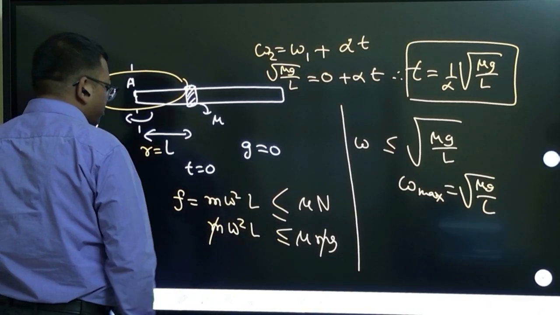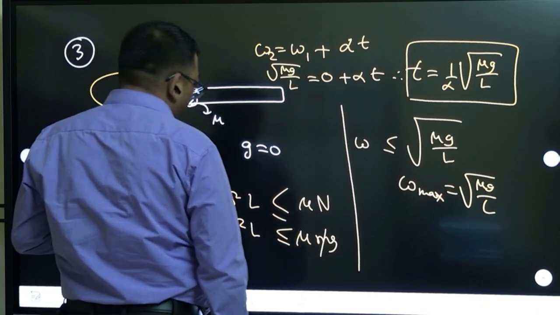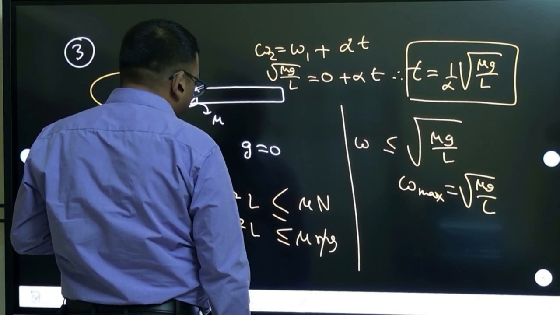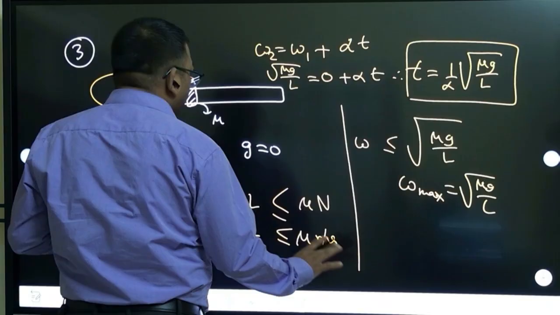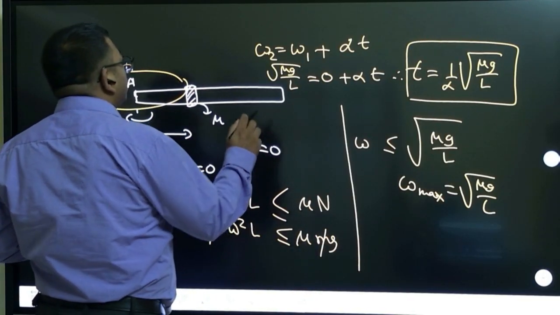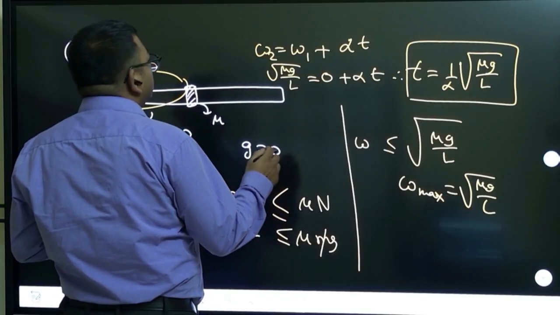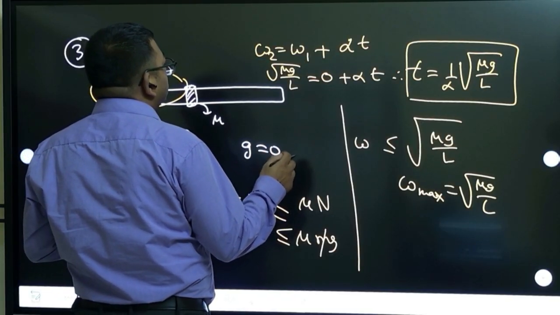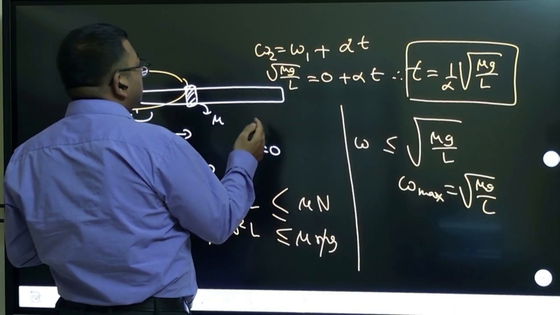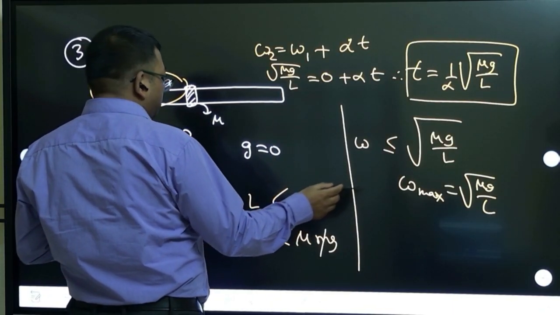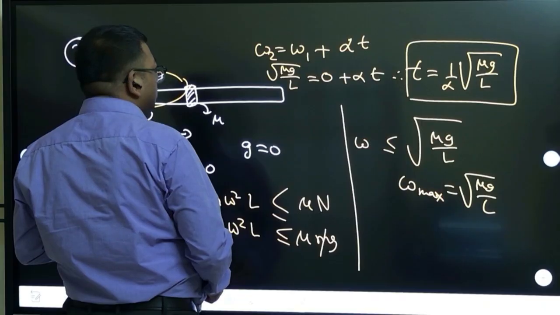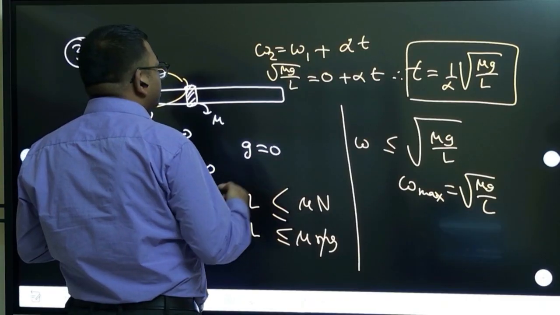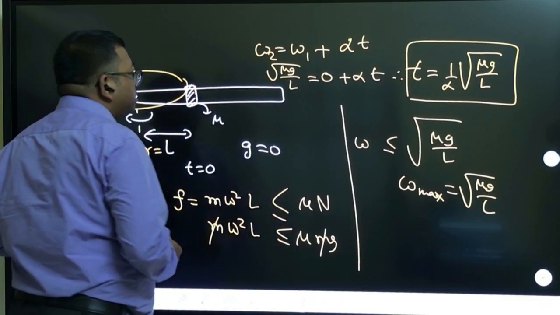Maximum friction is mu times normal, so m omega square L. Omega must be less than or equal to root g by L. Correct, no? This is correct. That's the maximum. Now omega equals omega 1 plus alpha t, so time is equal to this. Any mistake in the calculation? Check that. I don't think there is.